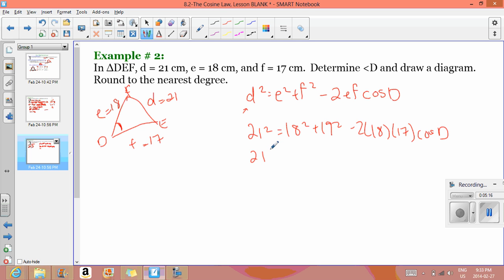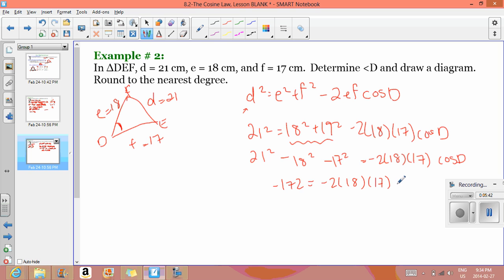And so now, again, we're trying to solve for d. So we have to move everything to the other side. So first I'm going to move this here. So we're going to go minus 18 squared and minus 17 squared equals negative 2 times 18 times 17 cos d. And so this can be simplified on this side to negative 172 equals negative 2 times 18 times 17, which could also have been multiplied. We'll just leave it as is.